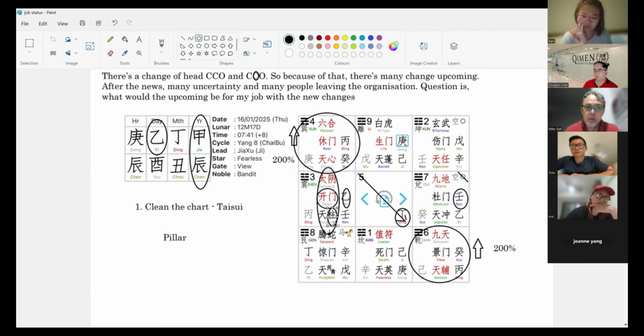The job itself is attached to him, a bit like super glue. When you stick something together, it's very difficult to detach, right?